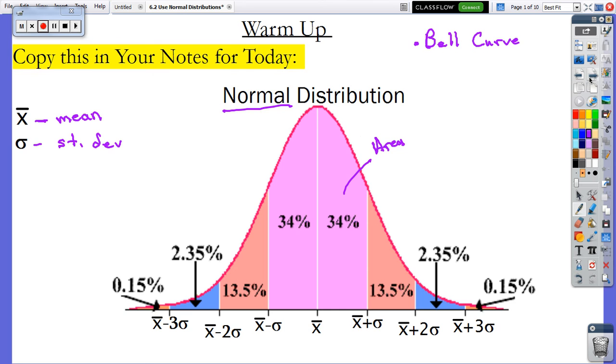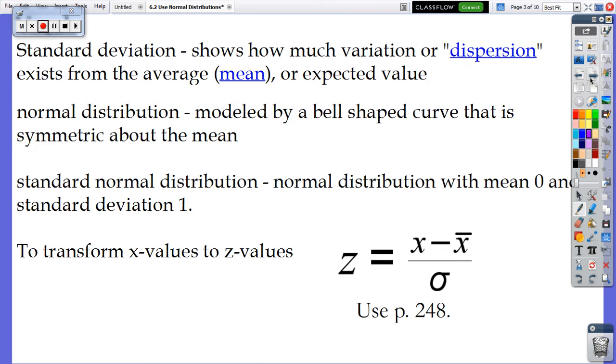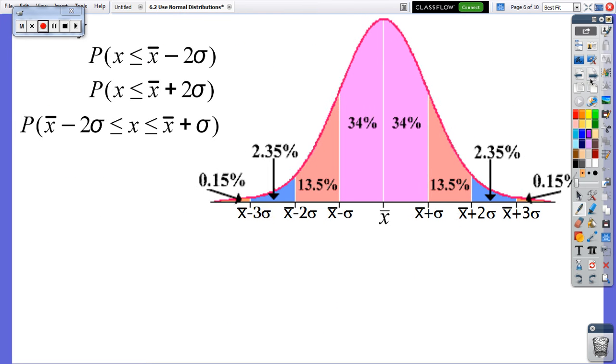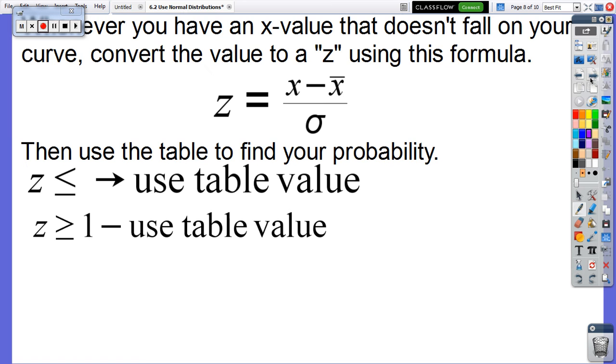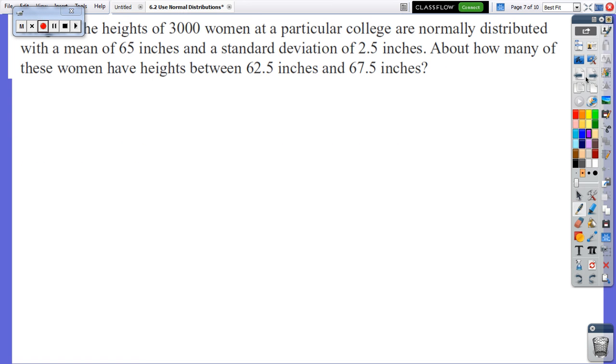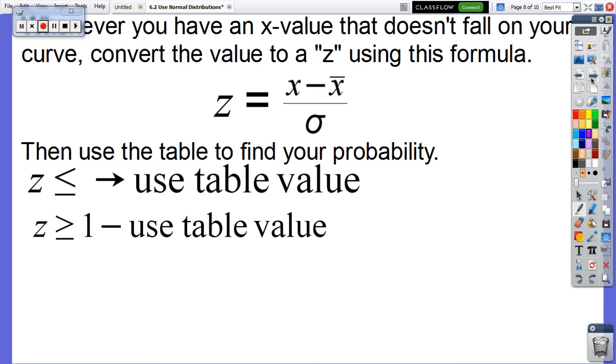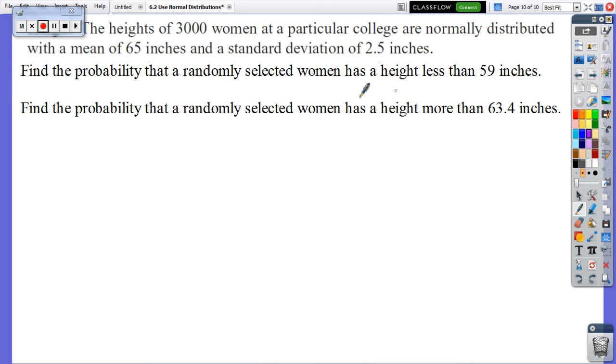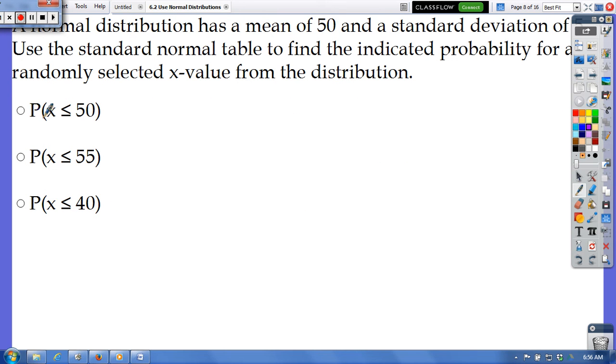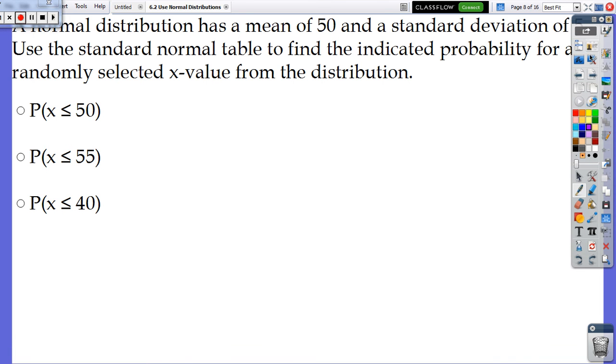Okay, now let's look at a problem like this, and hopefully you guys had time to finish that worksheet, and I hope you all got them right. Shouldn't be too bad. But I want to look at a situation like this, where we have a mean of 50 and a standard deviation of 5.